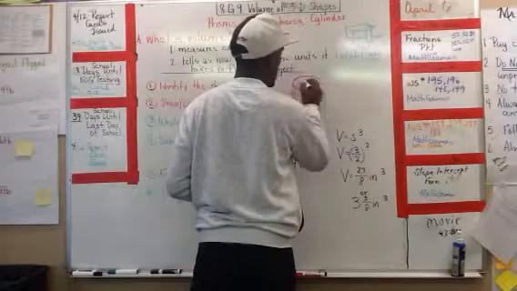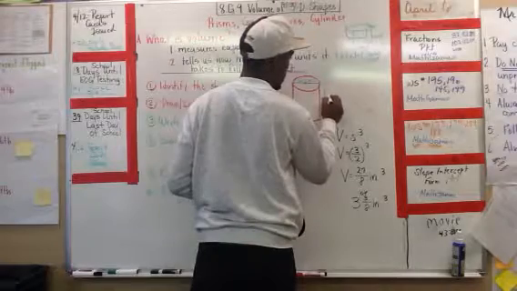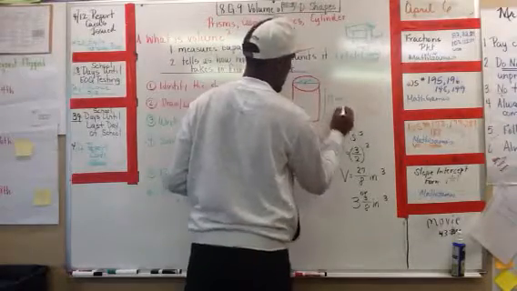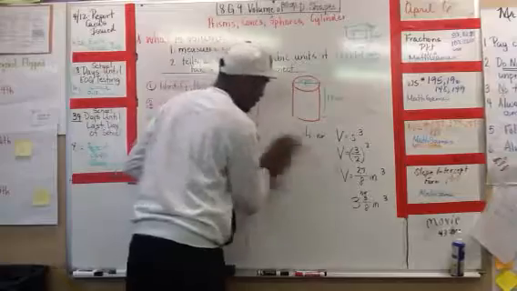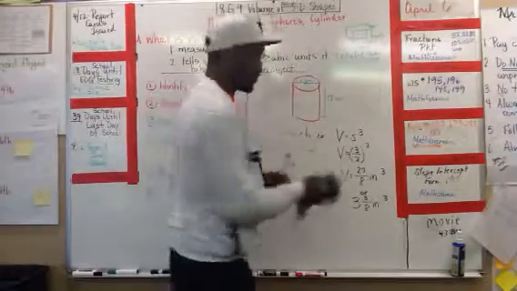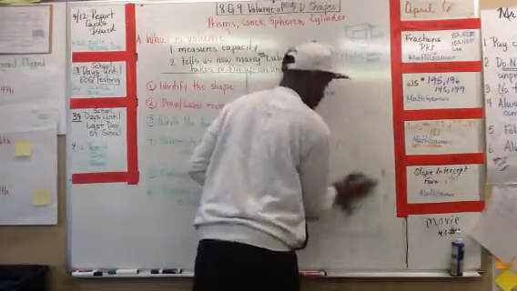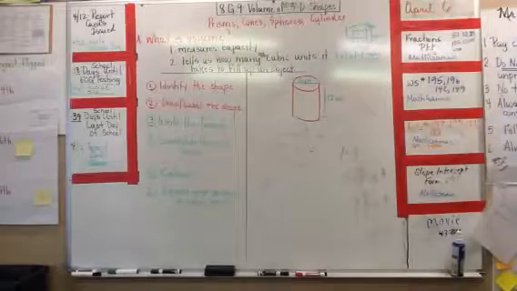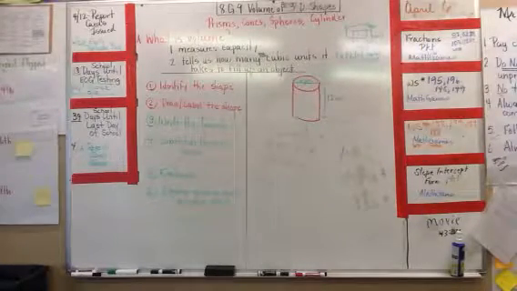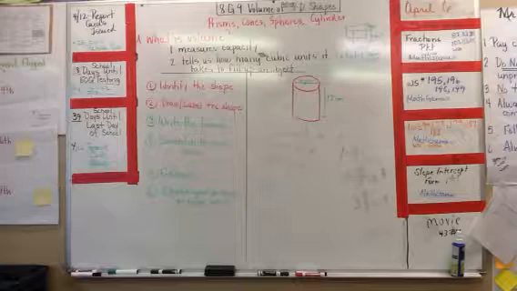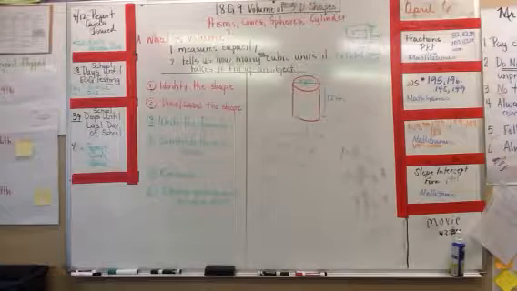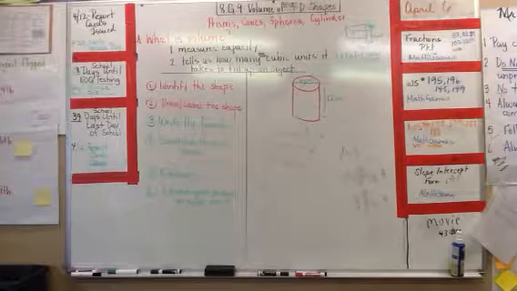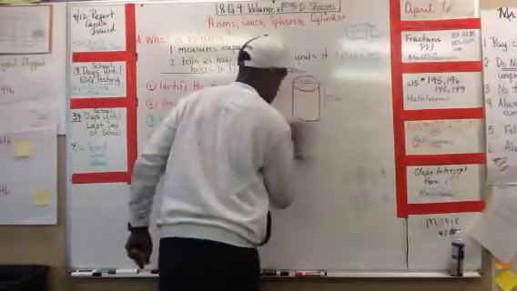Okay? So this is 6 centimeters. And this is 12 centimeters. Okay? The formula for volume of a cylinder is different from the formula of a prism.